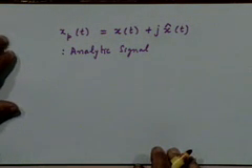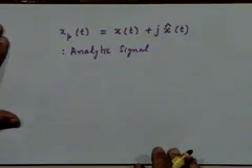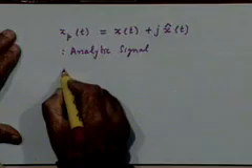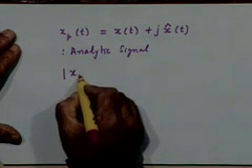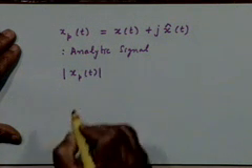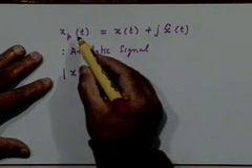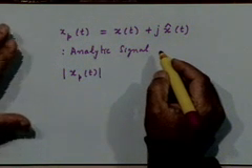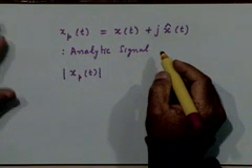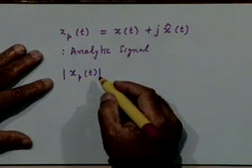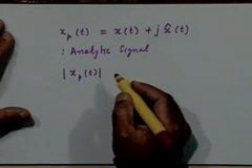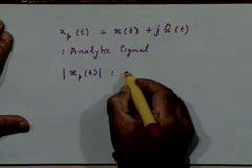And one of the motivations that I gave you for defining the signal is, of course we have to appreciate that a little more as we go along, that x sub p of t is also called the pre-envelope of the signal x of t, and the magnitude of x sub p of t, the modulus of x sub p of t, would be the envelope of x of t.